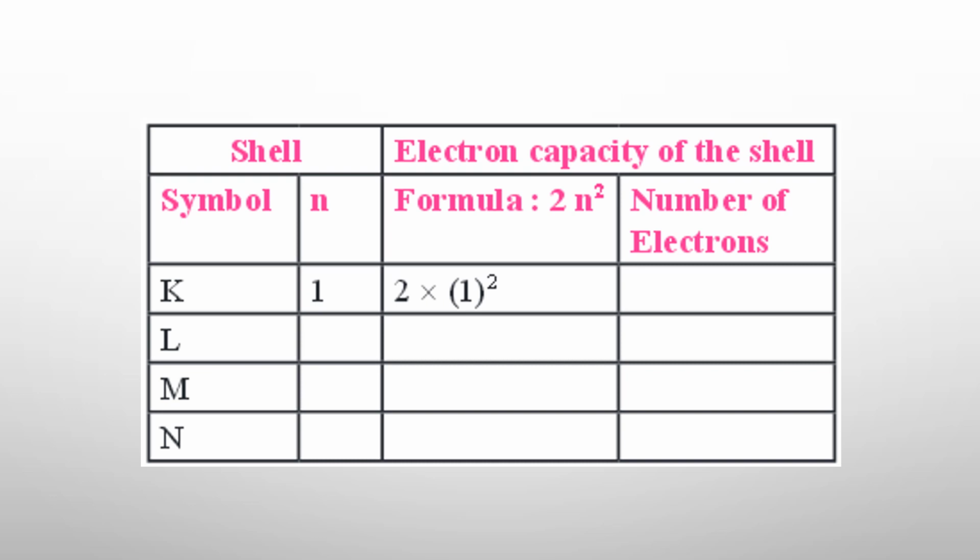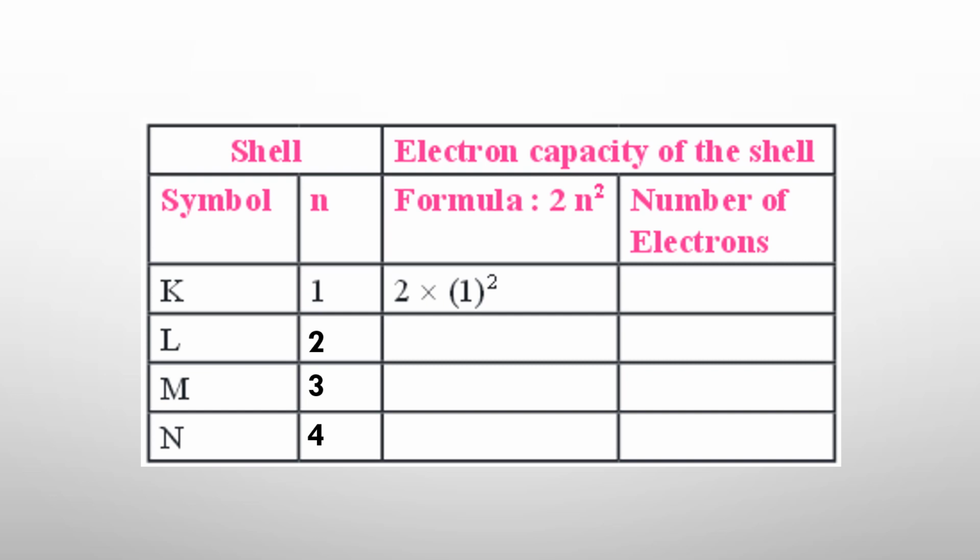L is the second shell, so n is 2. M is the third shell, so we write 3. And N is the fourth shell, so we write 4. So K is 1, L is 2, M is 3 and N is 4.